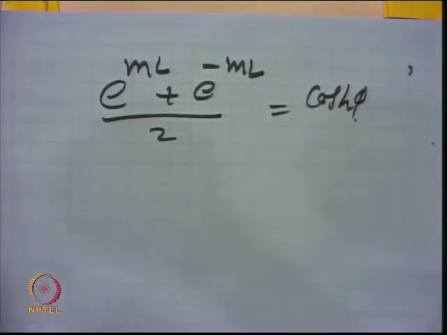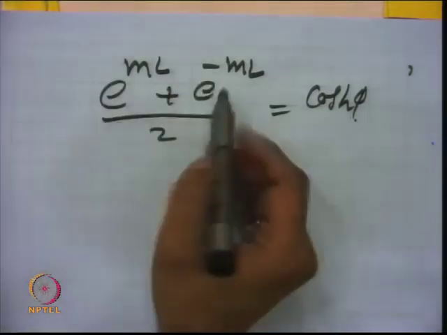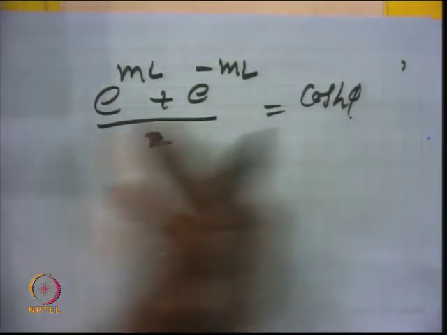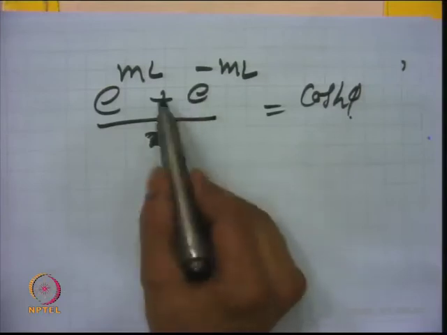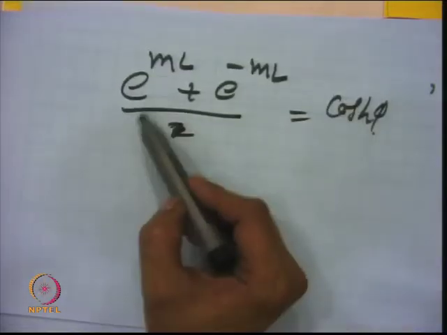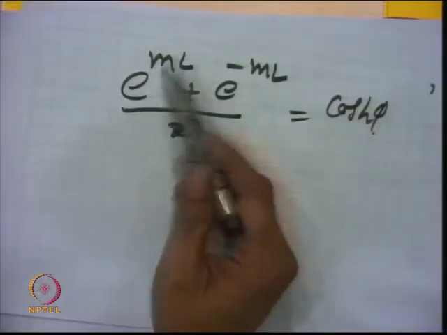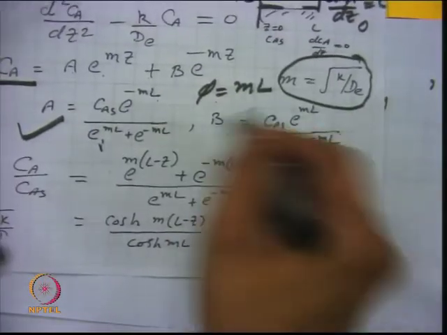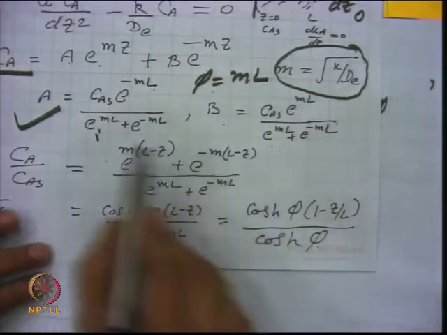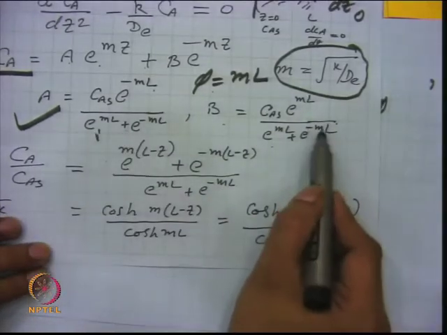So, e to the power theta plus e to the power minus theta is your cosh function, divided by 2 here I think, right. And same thing sinh theta is e to the power theta minus e to the power minus theta, divided by 2. So, one is your cosh function and if it is minus sign, that is sinh function. So, here these are cosh functions, right.